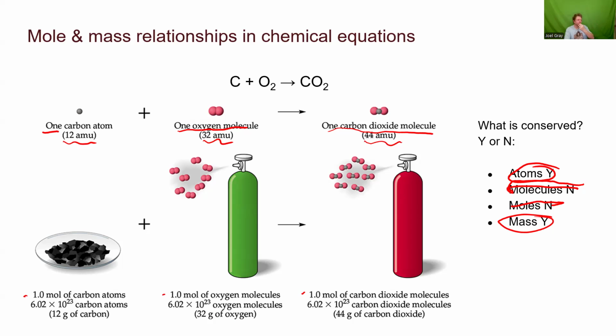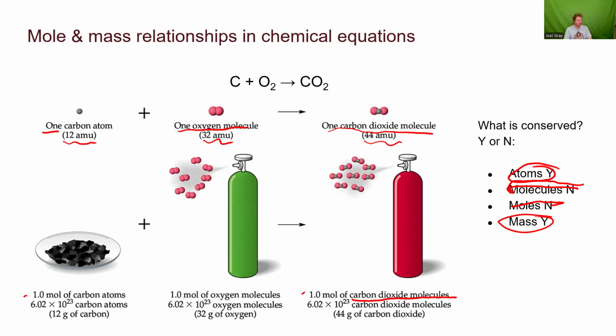Well, 1 mole of carbon atoms and 1 mole of oxygen molecules produces 1 mole of carbon dioxide molecules. So the atomic level and the number of molecules react to produce this many molecules.